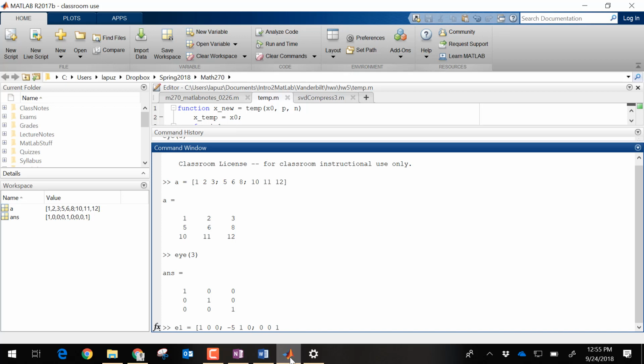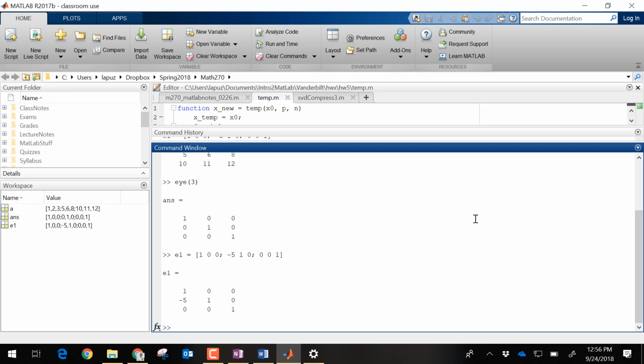So your matrix should be 1, 0, 0 for the first row, negative 5, 1, 0 for the second row, and 0, 0, 1. So what you did here is you took the identity and then you multiplied the first row of the identity by negative 5 and added it to the second row, right? So that's what you have.